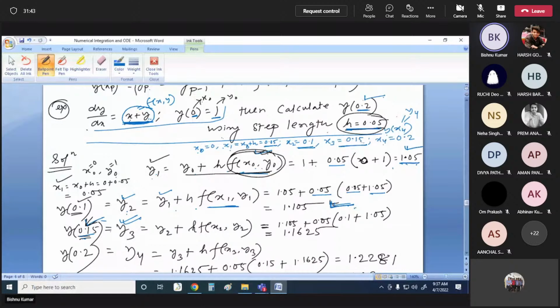The value of y at x4, where x4 is 0.2, is my answer also. That is the query point. You calculate it and then you stop. That is the better approximate result in this method, 1.23. Whatever curve you have, if you put this value in that curve, it will be approximately this.